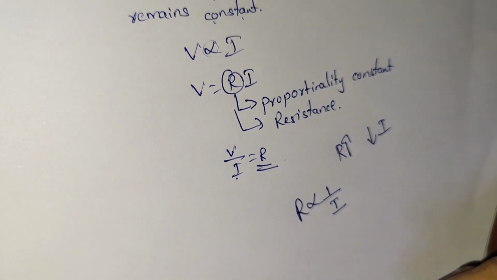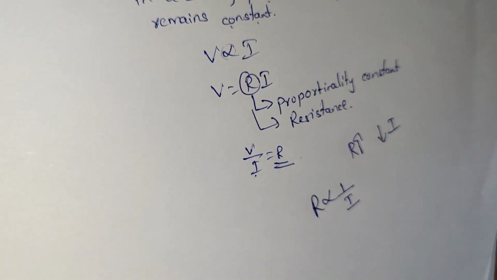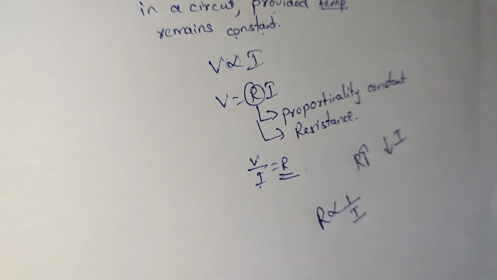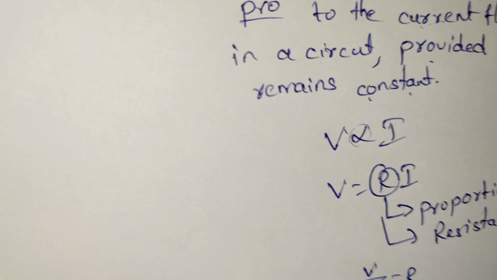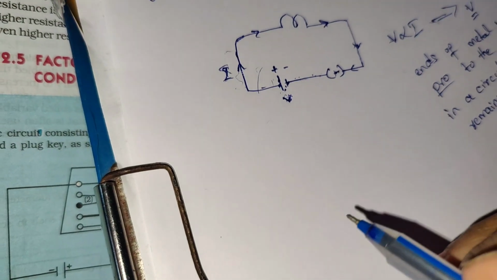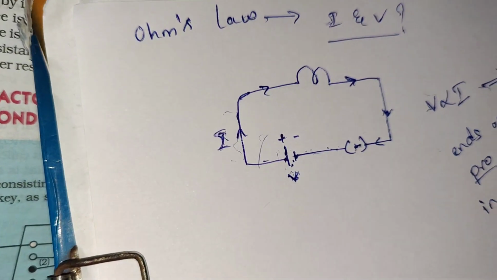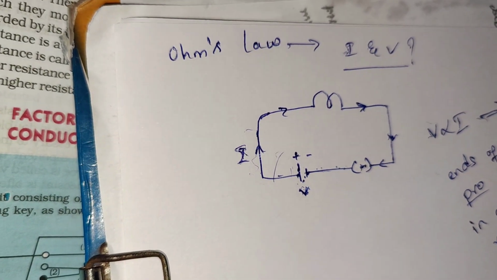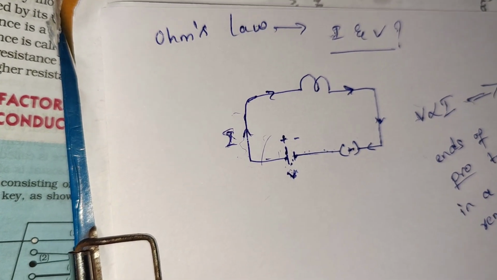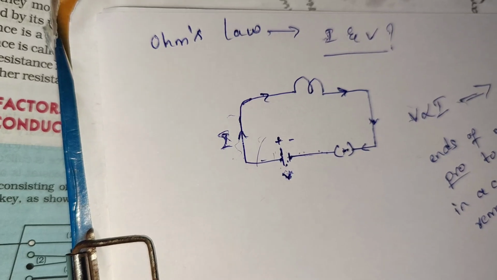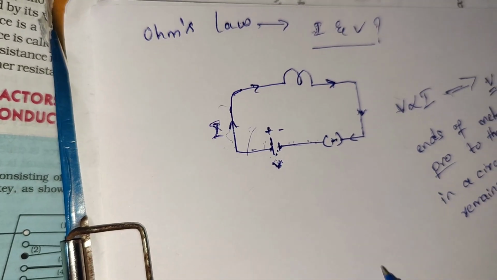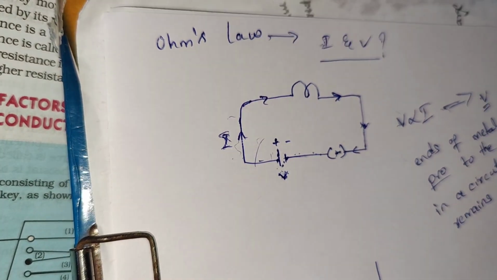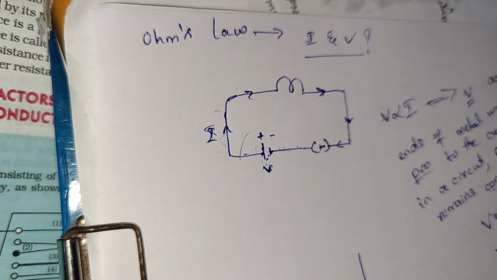Next we can see how this Ohm's law can be verified. Verification of Ohm's law. So let us consider a simple circuit. It is there in your textbook also: positive and negative terminals, connected with a key or switch.